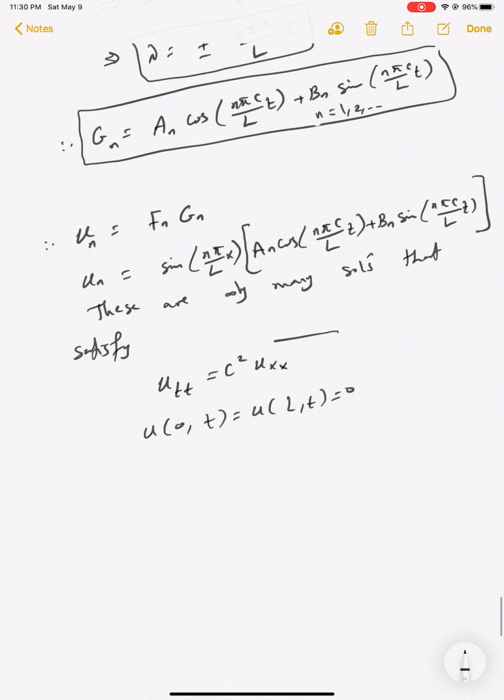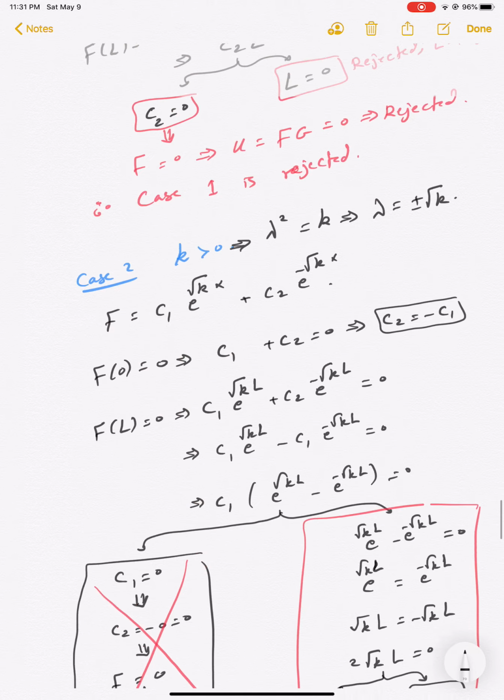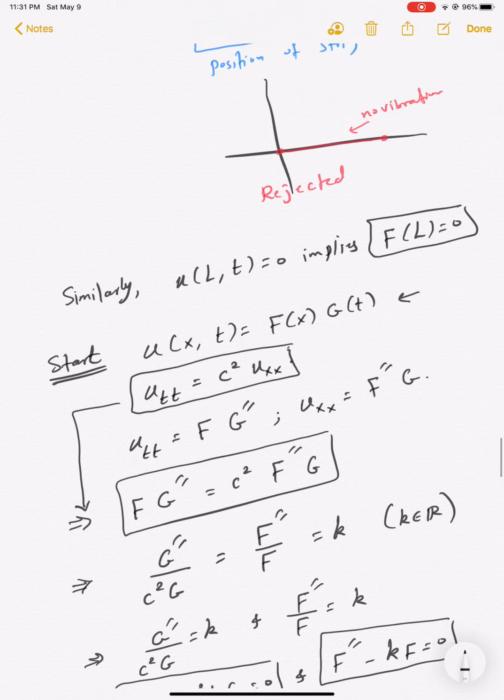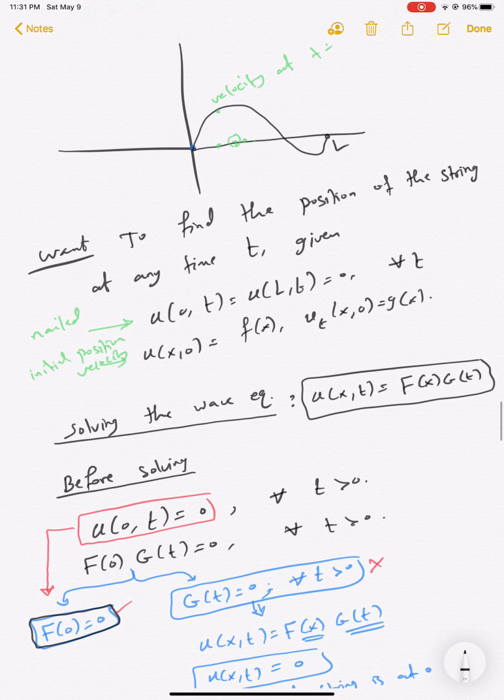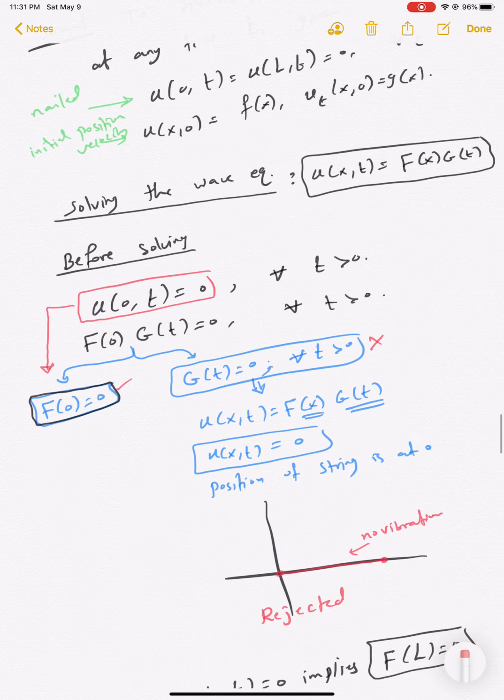So basically this solution, the un, it satisfies these three things. It satisfies the differential equation. It satisfies these two boundary conditions. But remember, we wanted our solution to satisfy two other conditions. We wanted to satisfy, if you go back, the initial position and the initial velocity conditions. So now I want u of x, 0.